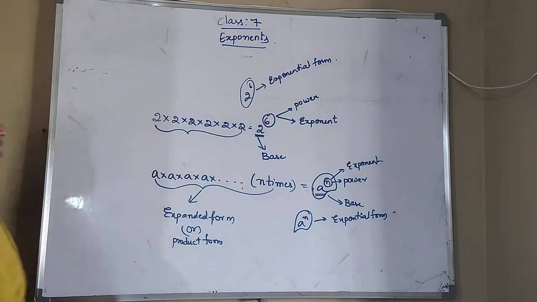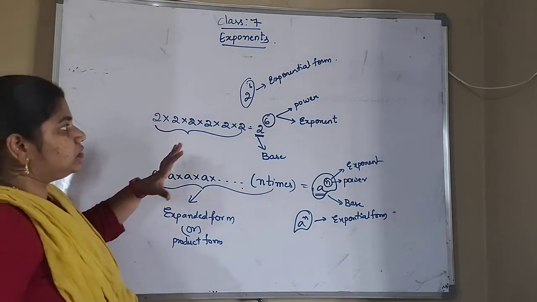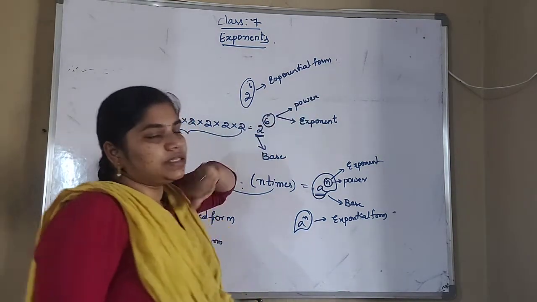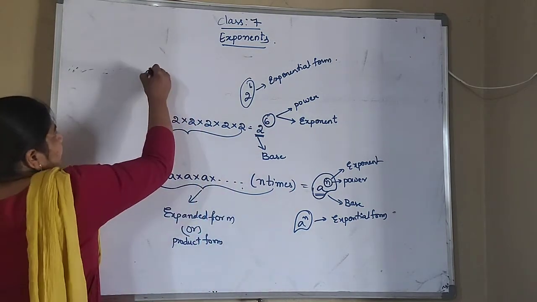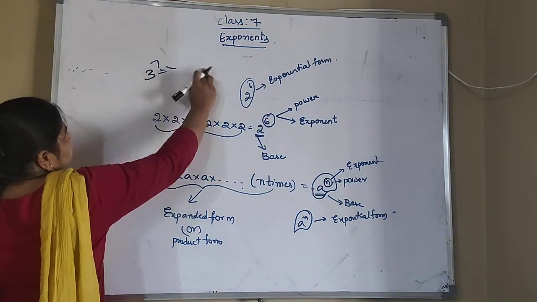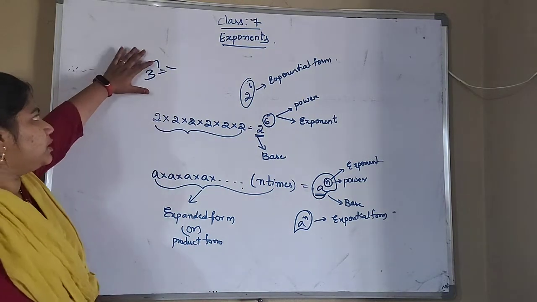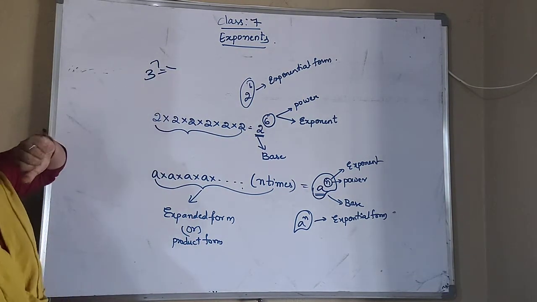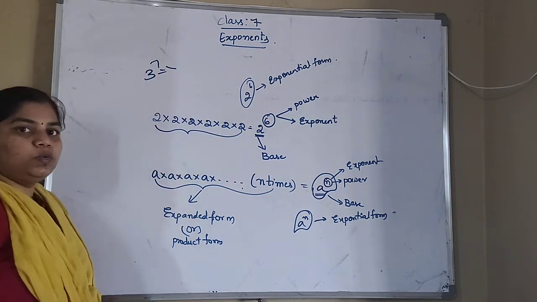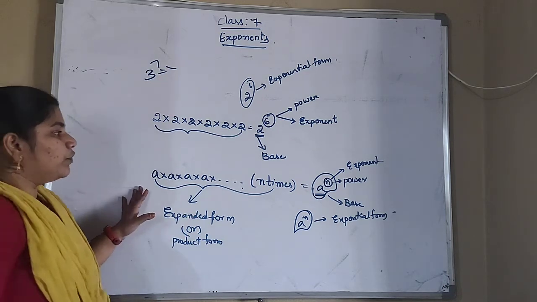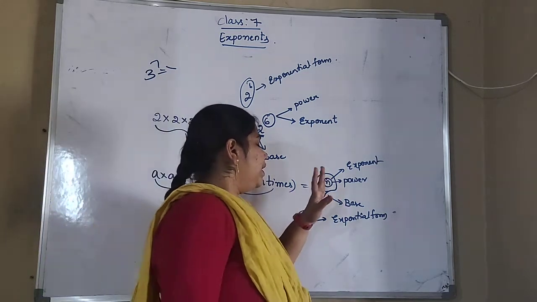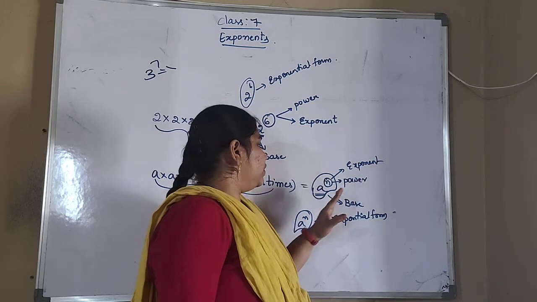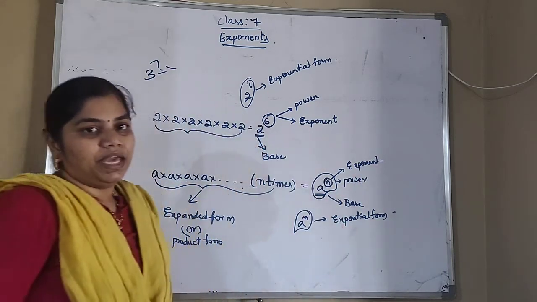These powers we call exponents. In the same way, 3 power 7 is in exponential form. 7 is called the power or exponent, and 3 is called the base value. So this is the general form: A power N, where N is called the exponent or power, and A is called the base.